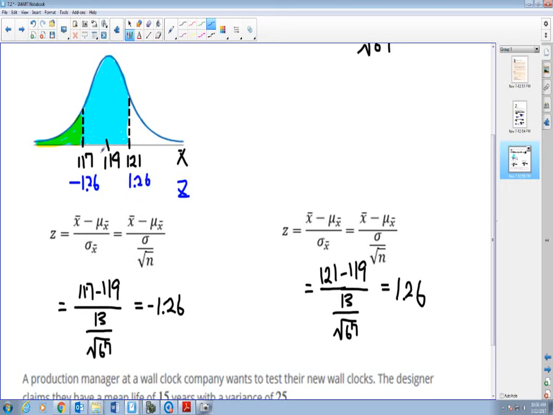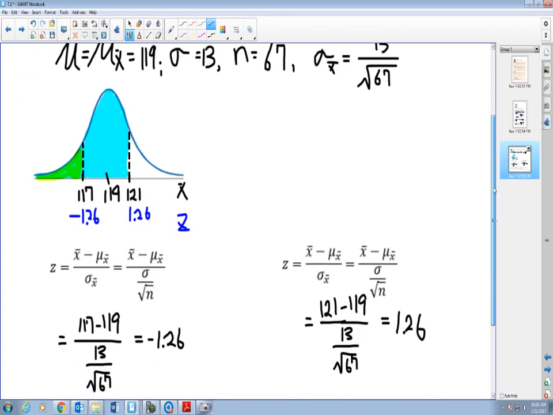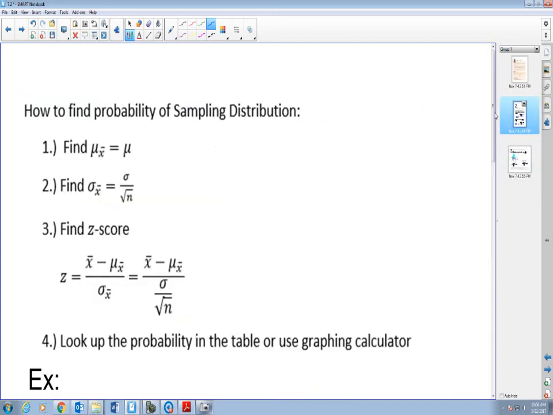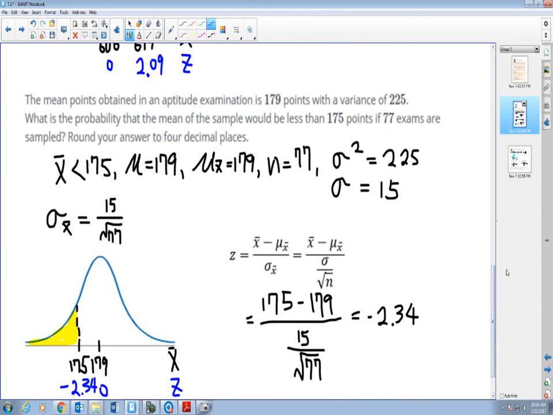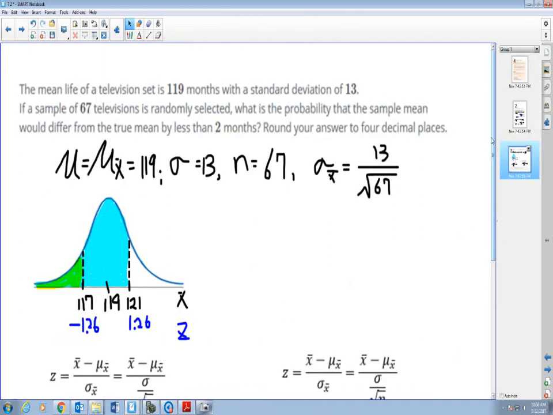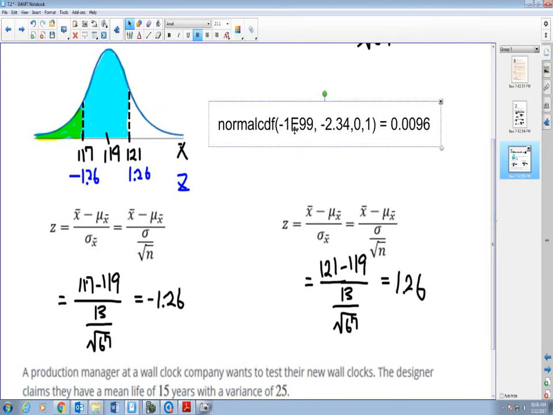So now, what the problem is really asking us to find is the area between these two. What's the probability that the sample mean will differ from 119 by 2 months? So it's asking for the area in between. That would be normalcdf.